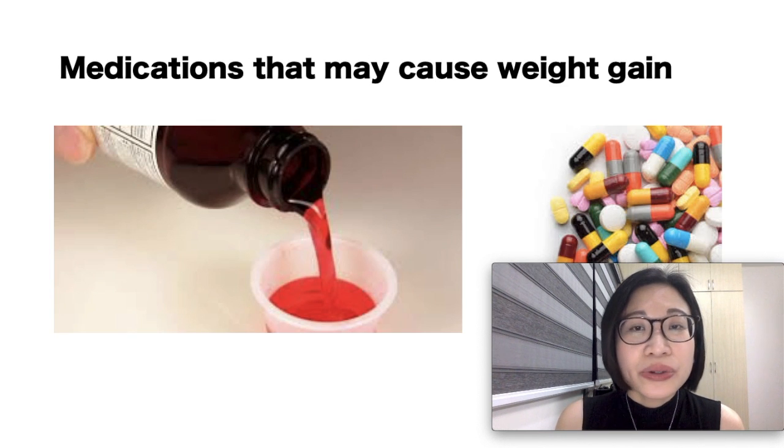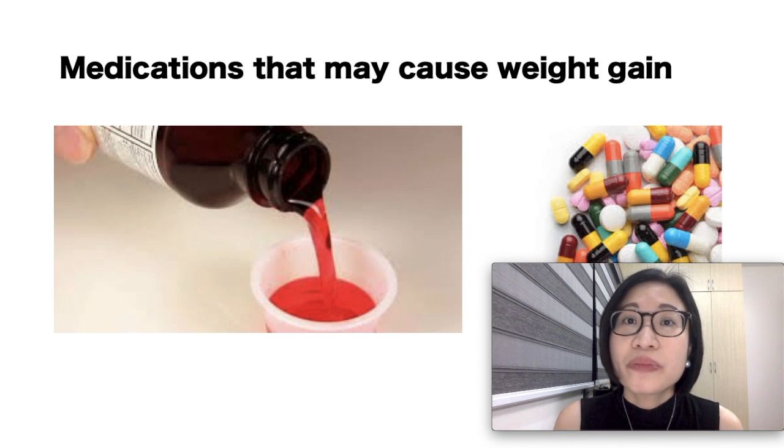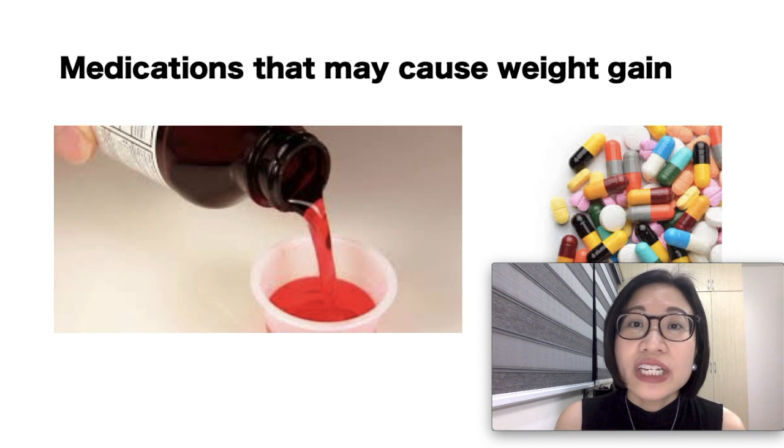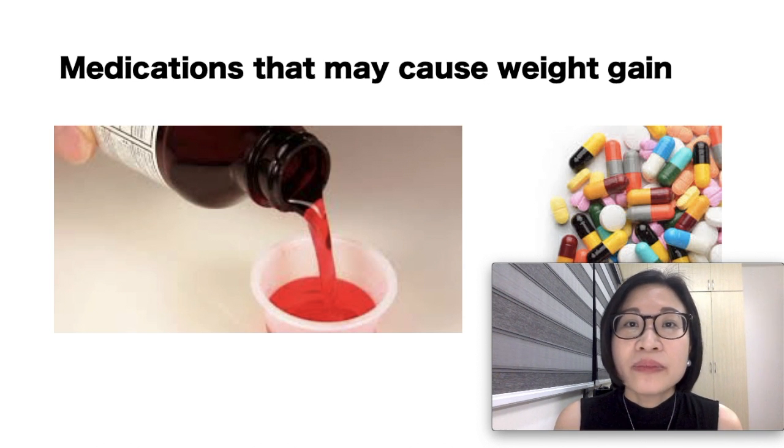And also, medications may cause weight gain. So, if a child is taking certain medications that are predisposed to gain weight, such as sulfonylureas, cortisol, and other glucocorticoids, tricyclic antidepressants, oral contraceptive pills, and insulin in excess.